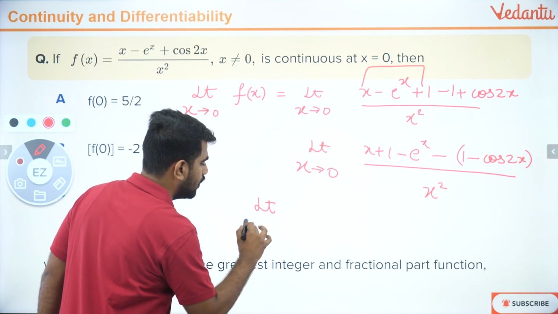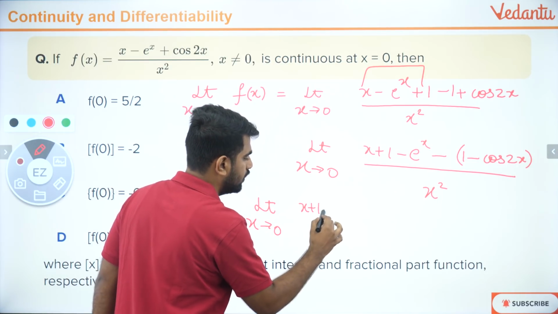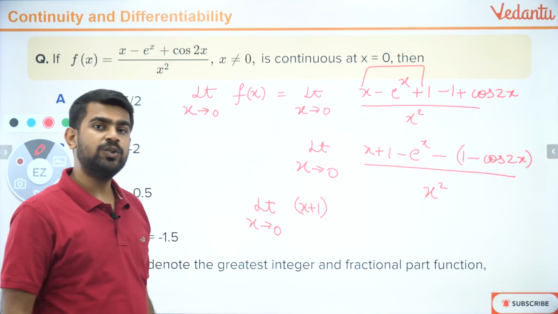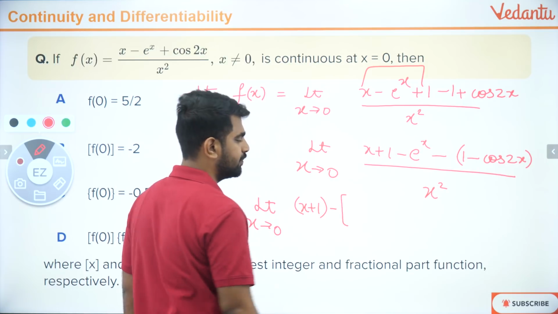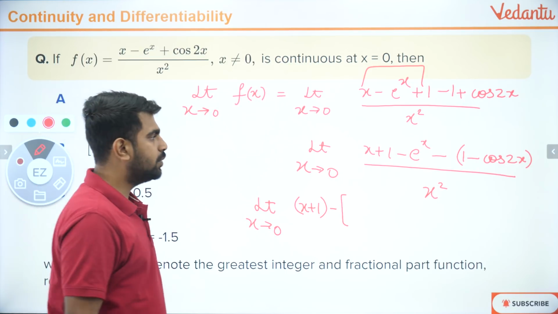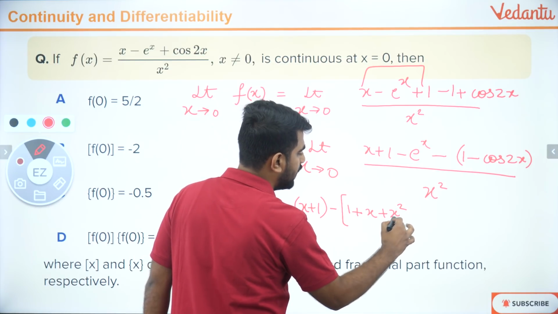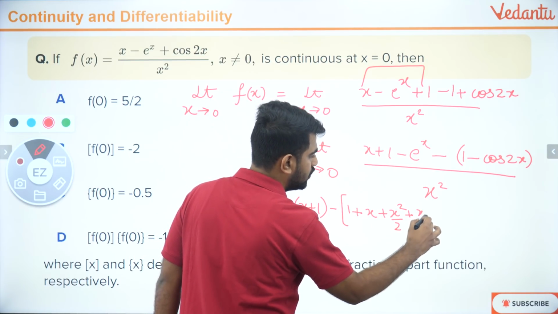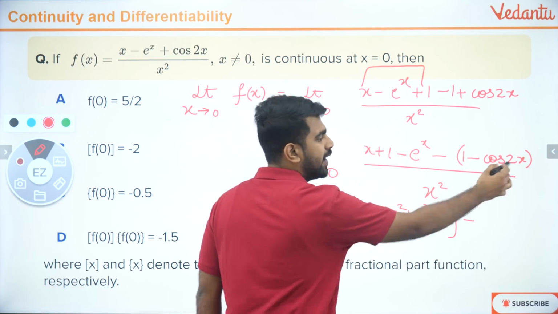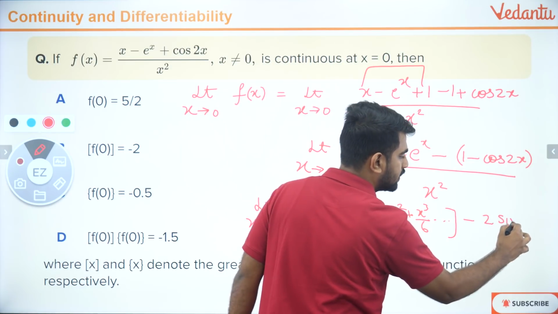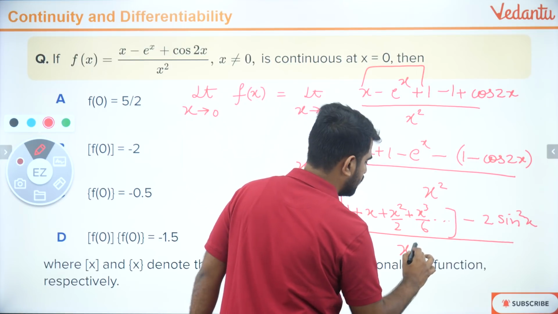So that is why I took this way of approaching this question. Okay, so limit x tending to 0, what do I have over here? x plus 1. Now guys, I will use the series expansion of e power x. What is the series expansion of e power x? Can you guys guess what that is? That will be 1 plus x plus x square by 2 plus x cube by 3 factorial and so on, minus 1 minus cos 2x, which is 2 sin square x, and then we have divided by x square.